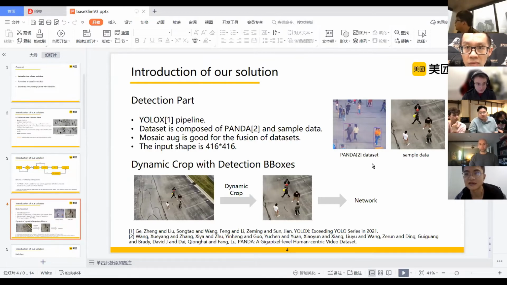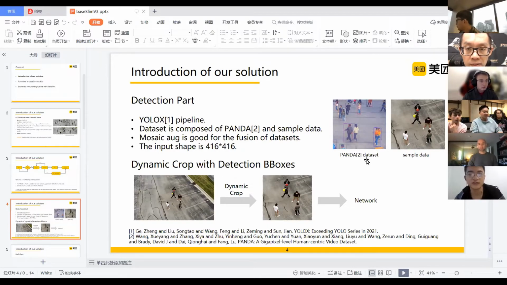But how do you deal with the balls? I mean, if you use this Panda data set, the whole data set will be dominated by persons, and there'll be a severe problem of label imbalance, right? So how do you solve this problem in the training?